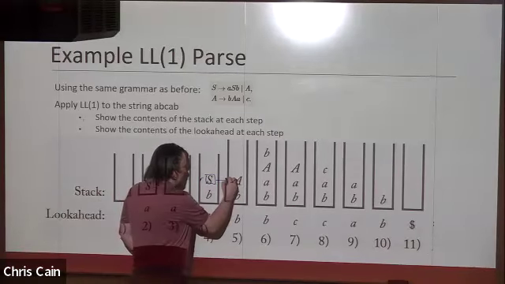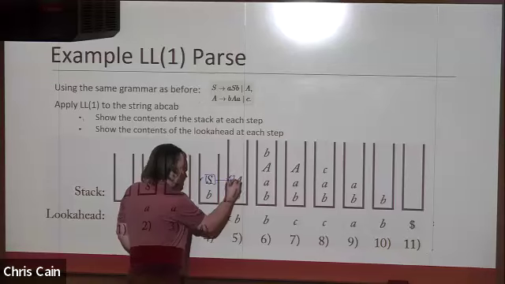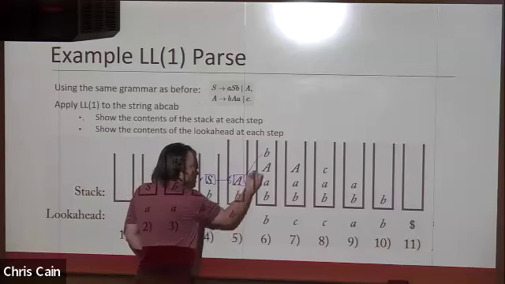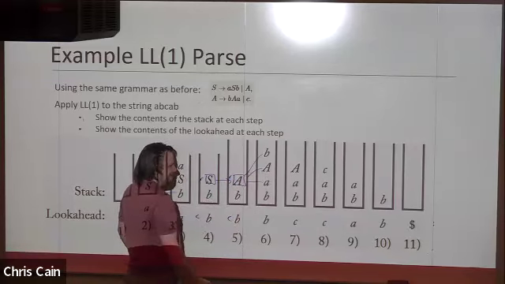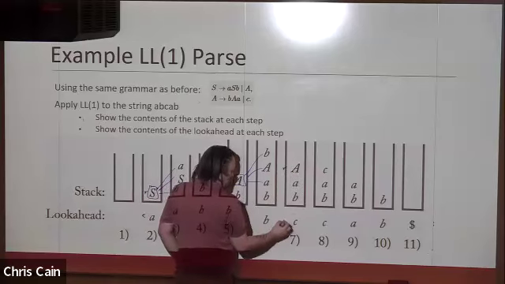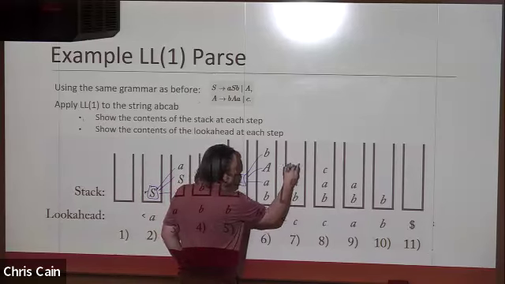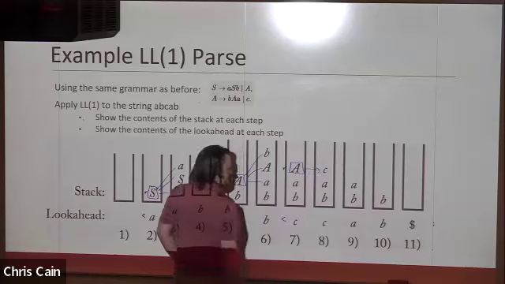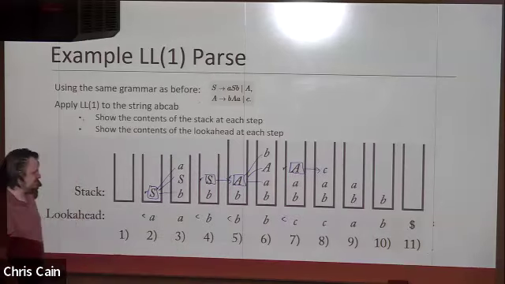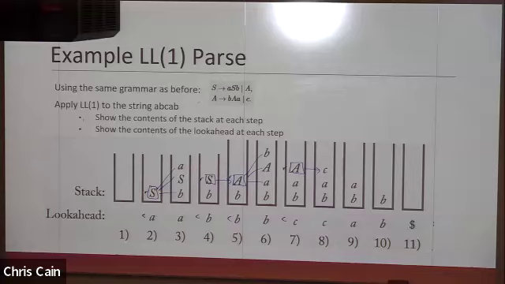When this is the row and this is the column, it tells us to replace this with that. So those are the steps in here that have a lookup to the LL table. And there is now no interpretation needed. They're just lookups.